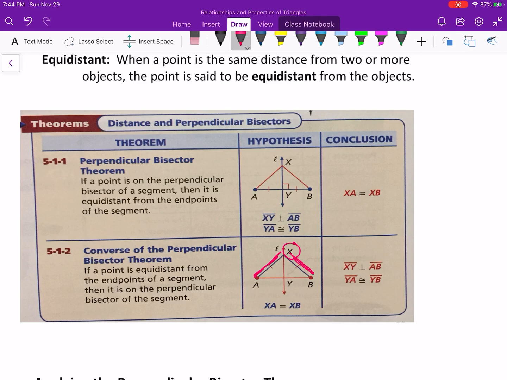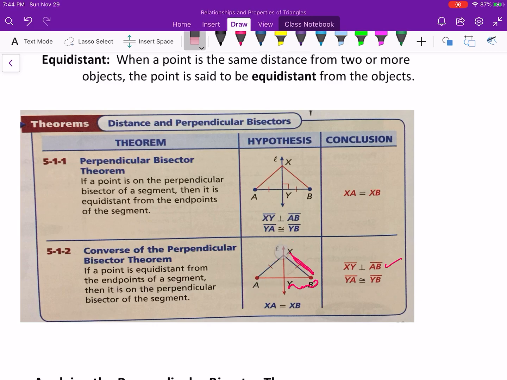So the conclusion is that XY is perpendicular to AB, and that the two short pieces down there at the bottom are the same length, or in other words, XY cuts AB into two equal parts.